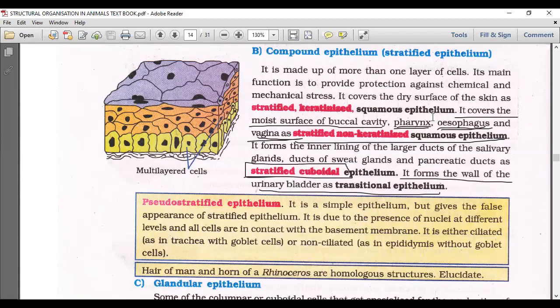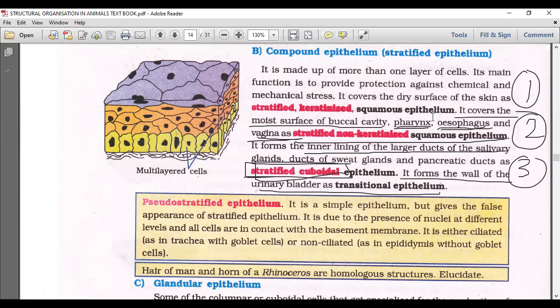Let me say once again: one, stratified squamous keratinized; two, stratified squamous non-keratinized; and number three, stratified cuboidal. Where do you see stratified cuboidal? As the inner lining of larger ducts of salivary gland, ducts of sweat gland, and pancreatic ducts. Then next, transitional epithelium.